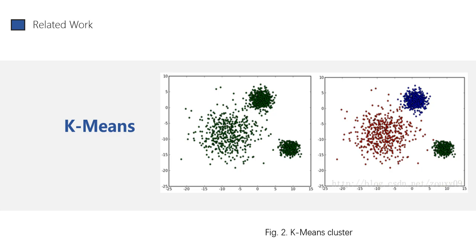The word means in k-means refers to averaging the data, that is, finding the centroid. As Figure 2 shows, all the data points are clustered into 3 groups by k-means.